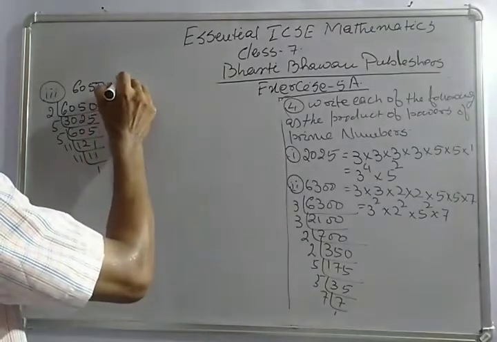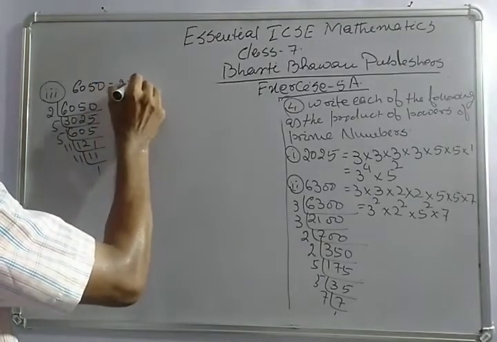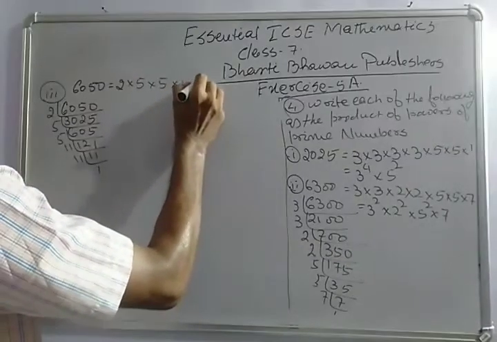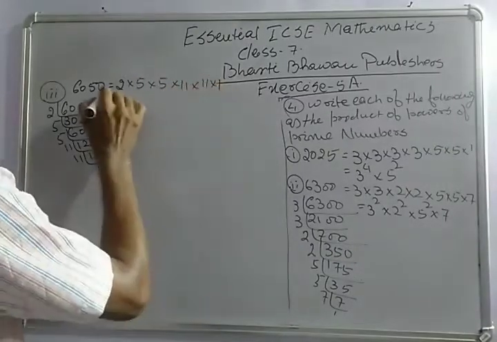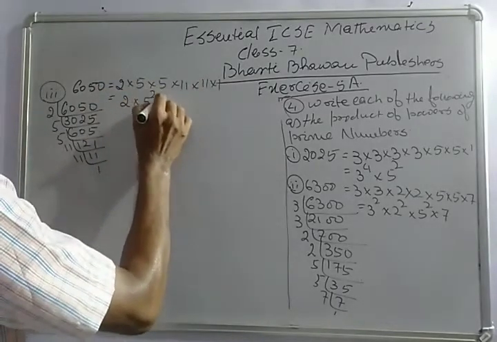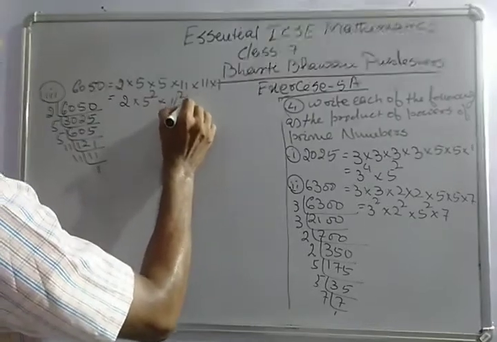So this is equal to 2 into 5 into 5 into 11 into 11 into 1. So this is equal to 2 into 5 to the power 2 into 11 to the power 2 into 1.